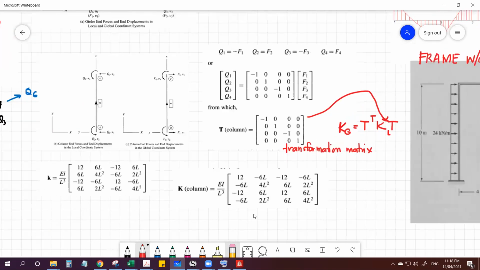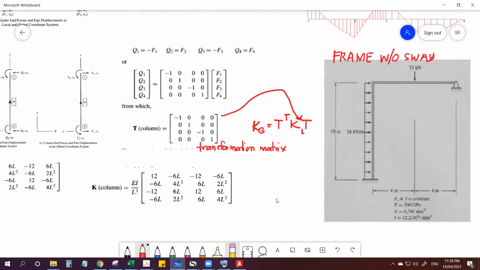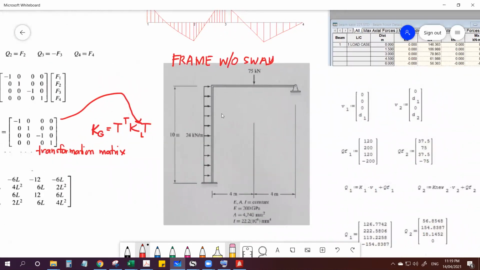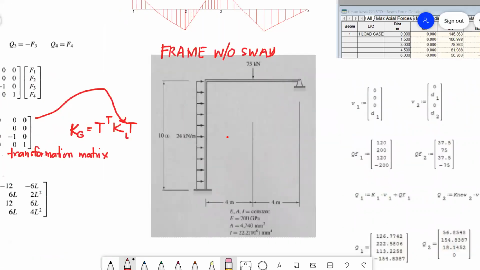Now, as an example, let's try to analyze first a frame without sway. It's a two-member frame. Although you have a lateral load applied going in this direction, we have a pin support here, so that will prevent the sway of this frame. The deformation could be something like this.